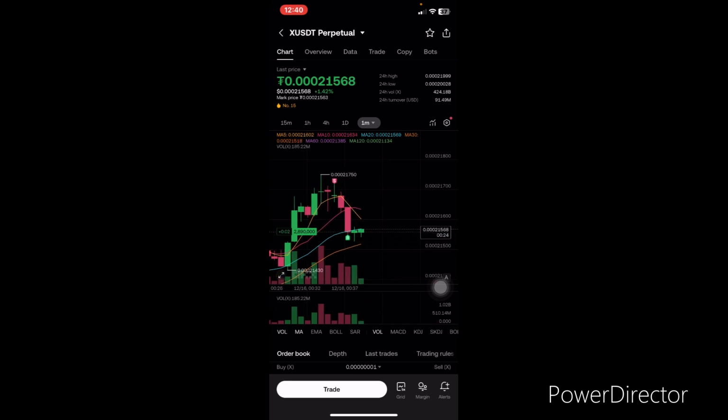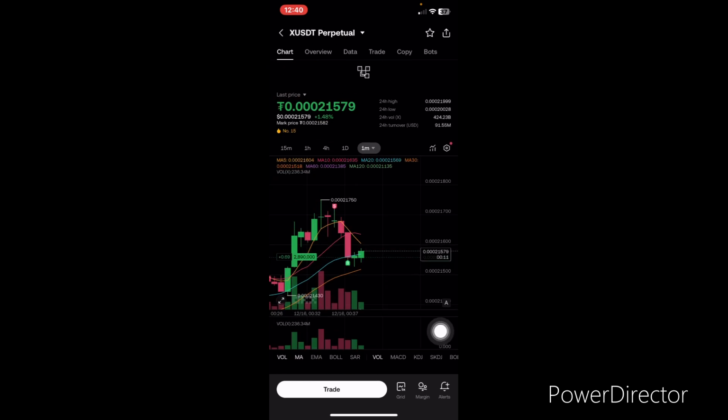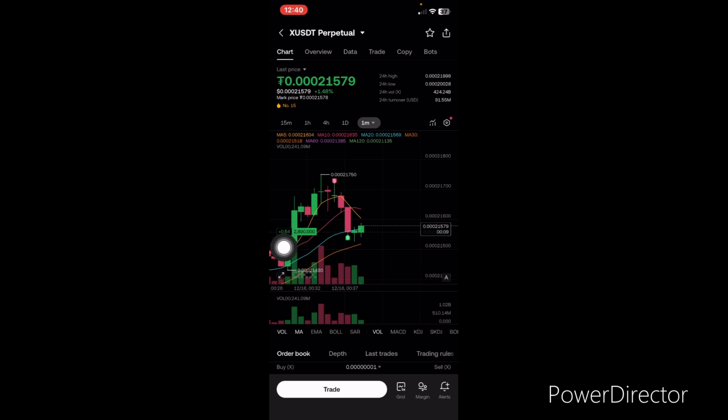Okay, it's moving now. Plus 0.8, plus 0.3. It's still moving. You can just close the trade and earn this amount right here, but my target is $1 and above, so let's see if we can hit the target.